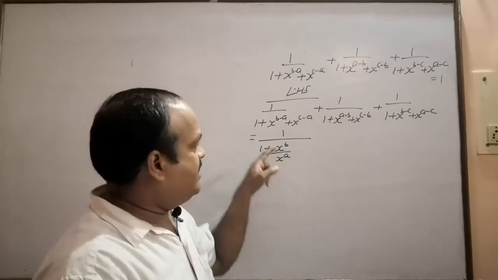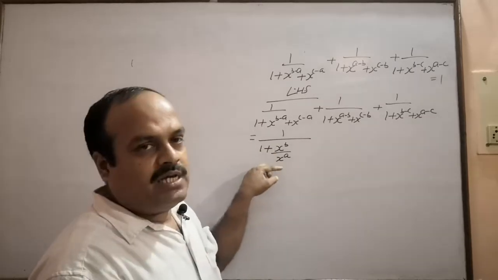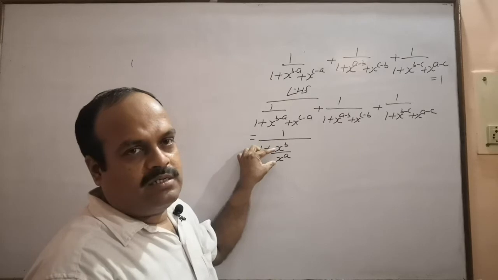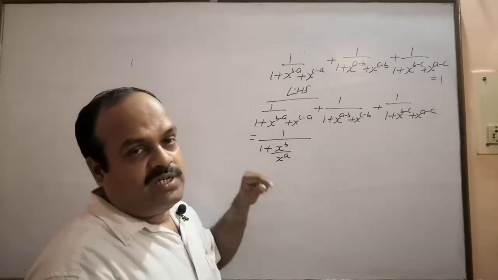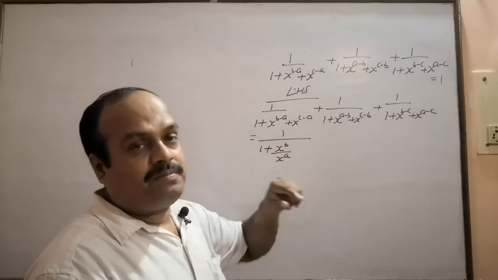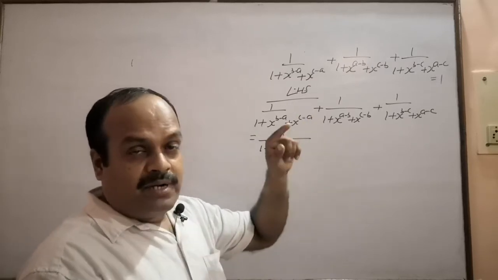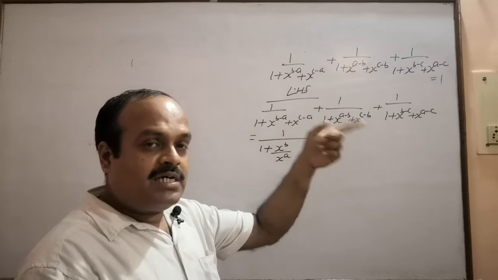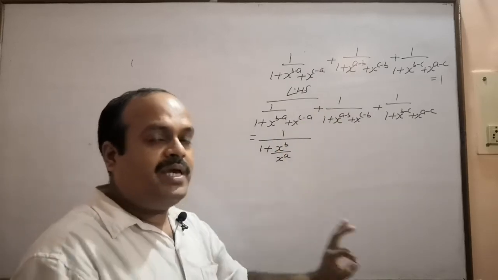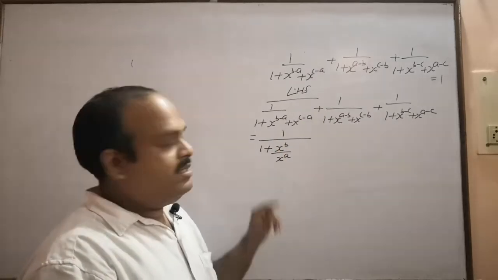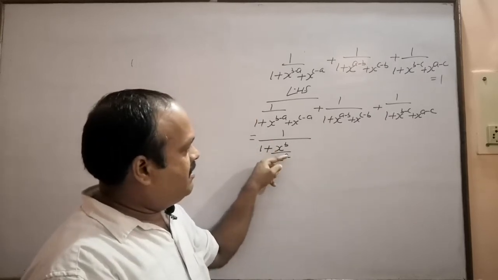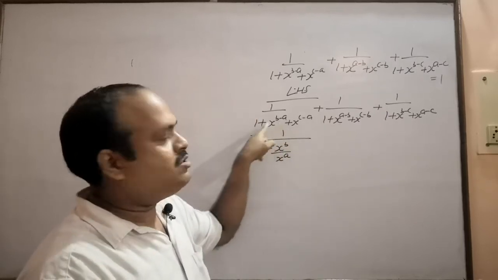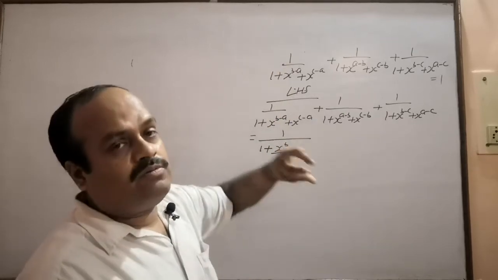Quotient law says that when two exponential numbers with the same base are divided, to get the quotient we need to get the difference of the powers of the numerator and denominator, keeping the base same. So here we get x to the power b minus a. So use the converse law.